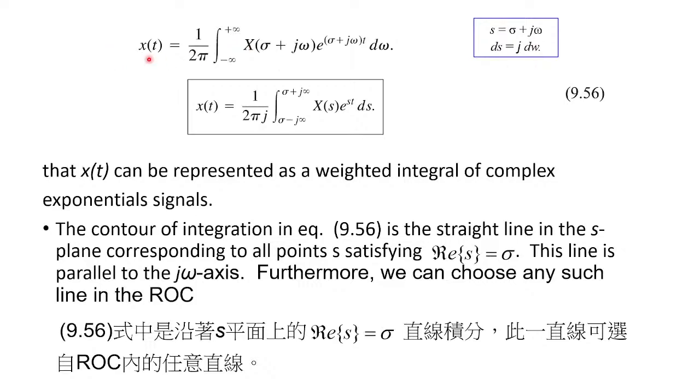And now we have this weird thing. So omega is from negative infinity to positive infinity. And I think about how this effect is. It should be S from sigma minus j infinity to sigma plus j infinity, right? Okay.